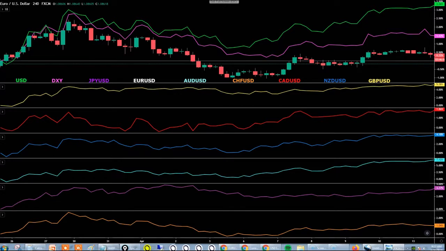But the way I see it is that if we are going through a patch of weakness in the euro dollar, telling us to watch out because there is overall US dollar strength, then that should also be reflected through a lower New Zealand US dollar.